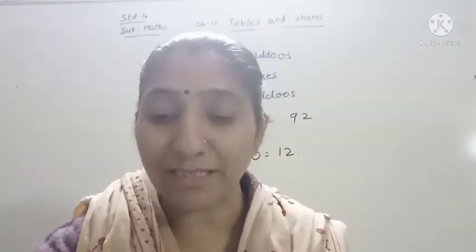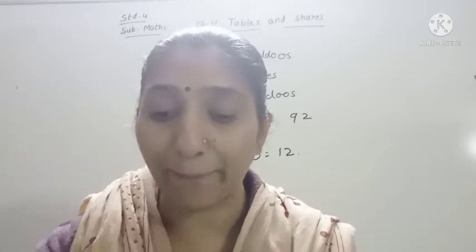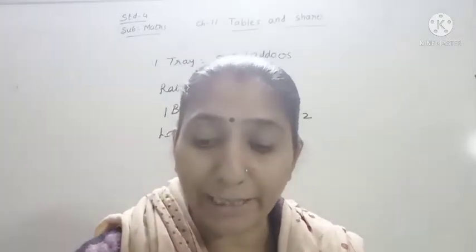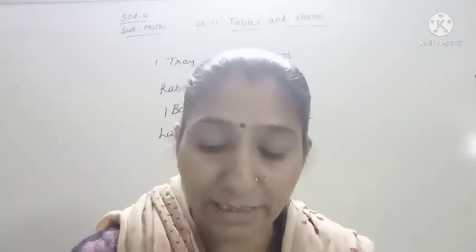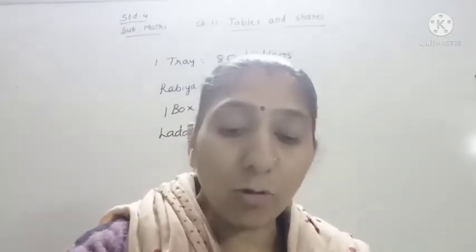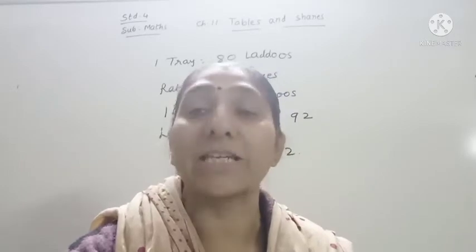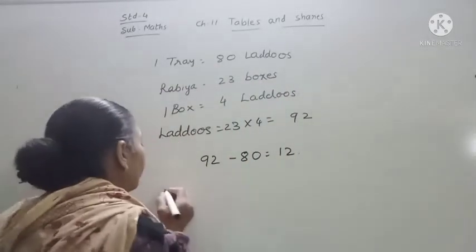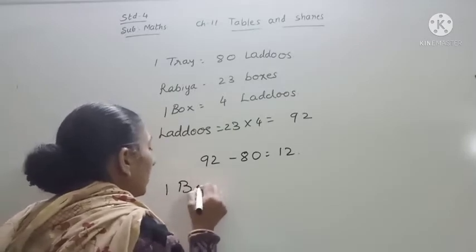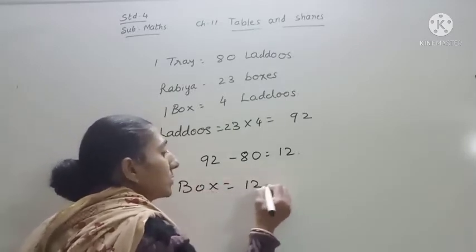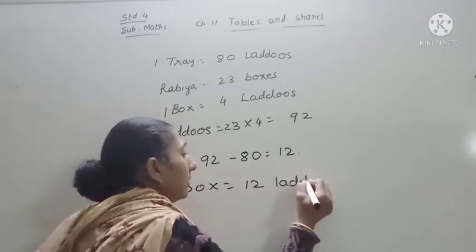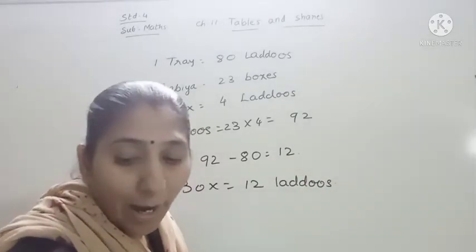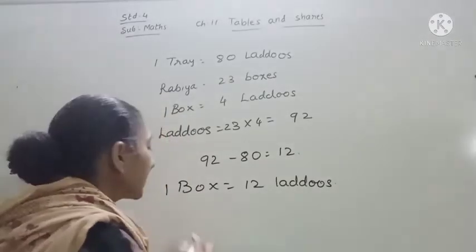Gangu also has a bigger box in which he packs 12 laddus. How many boxes does he need to pack for packing 60 laddus? In one box he can pack 12 laddus. So how many boxes are required for packing 60 laddus?